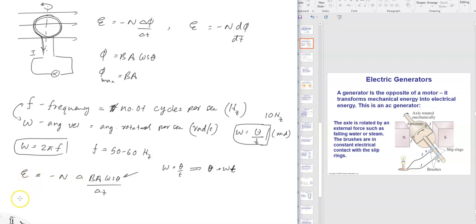So we can go another step and say N, B and A are also constant. It's only cosine omega t over delta t. So this is the only part that changes in this equation.